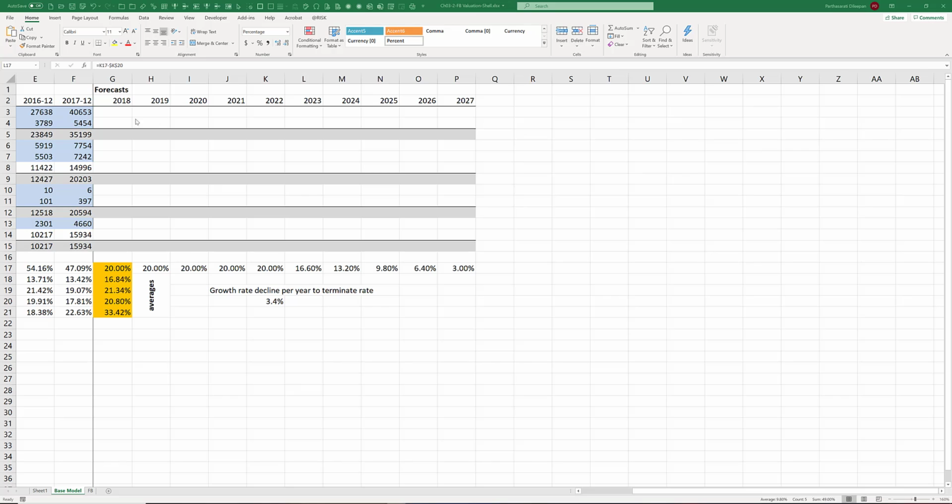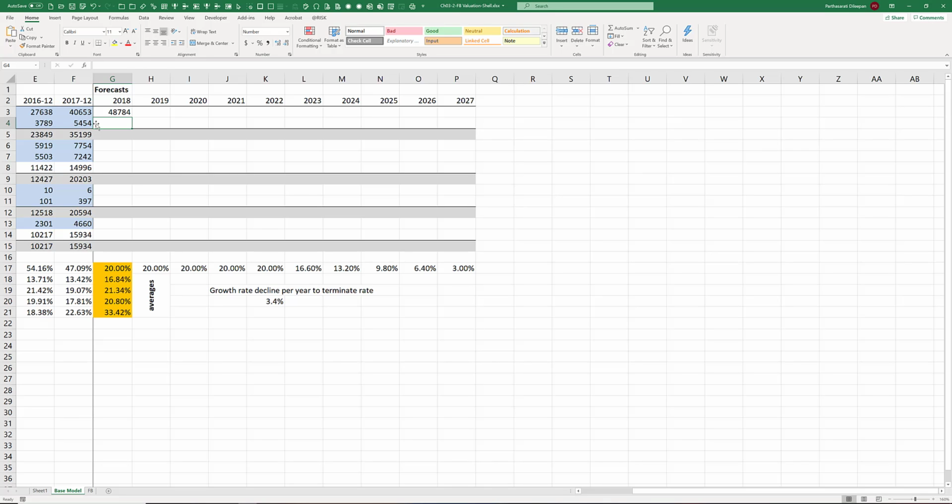So your revenues are going to increase at this rate, right? So previous revenue times 1 plus the revenue growth that we have assumed. So that will be the revenue for the year 2018.